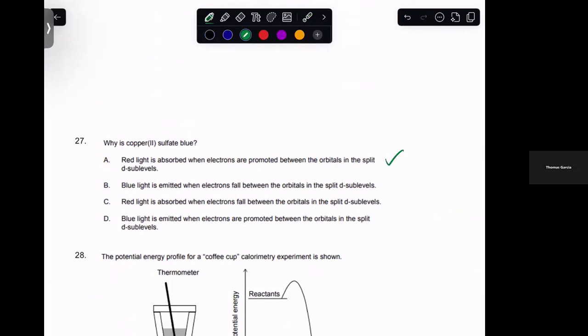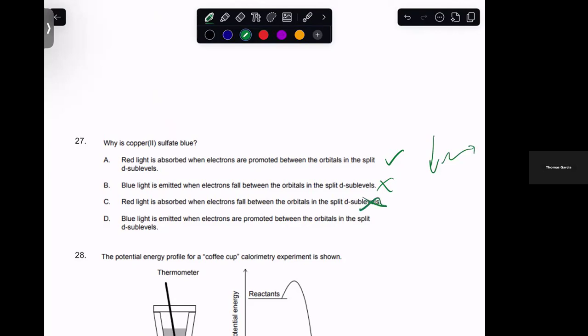Blue light is emitted when electrons fall between orbitals. Well, for blue light to be emitted, we have to have electrons that are excited, which means we have to put energy into the solution. And copper sulfate is just blue regardless of our input of energy, so that doesn't really make sense. Red light is absorbed when electrons fall between orbitals. We know that the falling of orbitals emits energy, so that just can't be right.